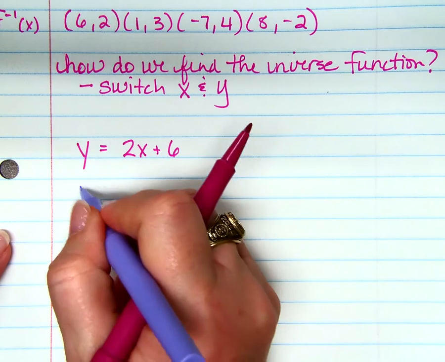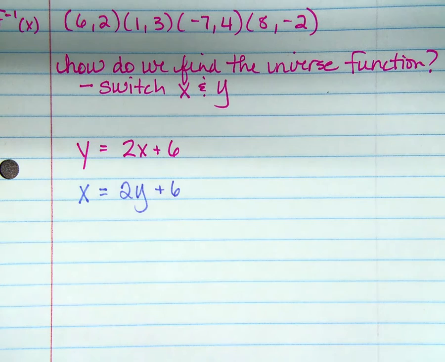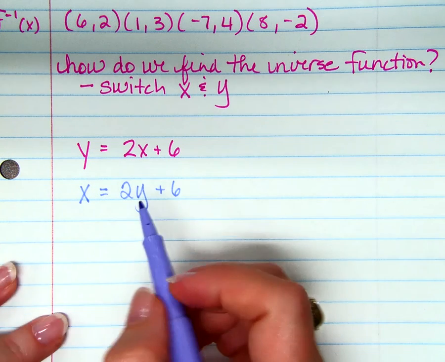If I switch x and y, now it looks like x equals 2y plus 6. Now, that's not a wrong answer, but it's not a complete answer. I need to get it into a regular form that I'm used to, right? I need it to really end up as y equals, okay?